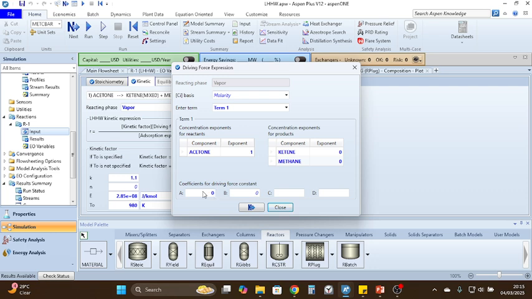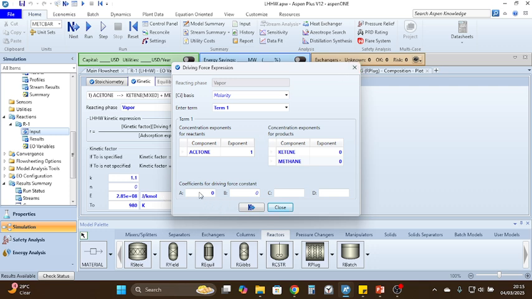So how is it being calculated? This is calculated based on these correlations: ln K1 is equal to A plus B by T plus C ln T plus D T. This is how that is being calculated.